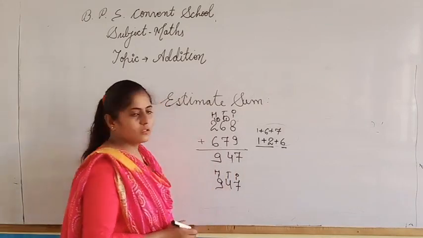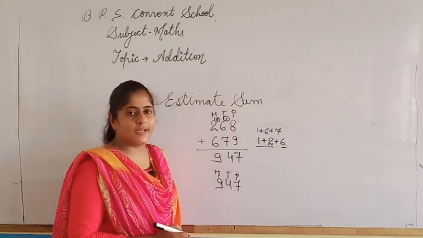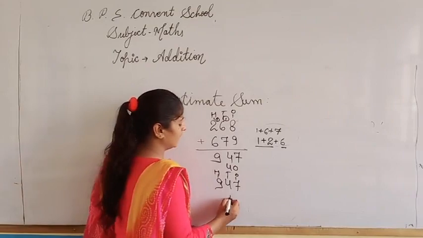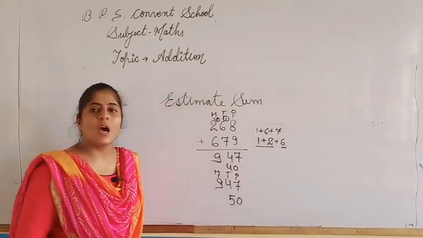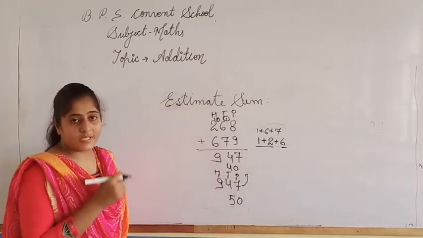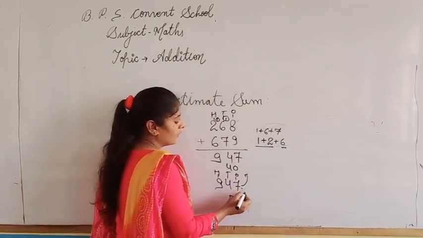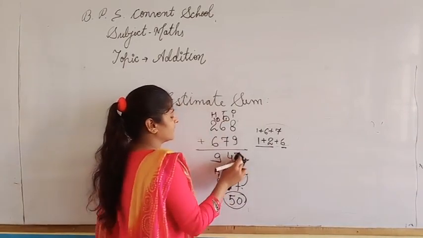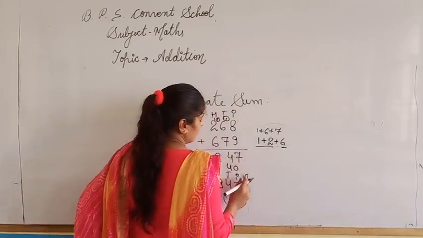Which tens comes before 47? 40 comes before and 50 comes after. Which one is near to 47? 50 is near to 47.